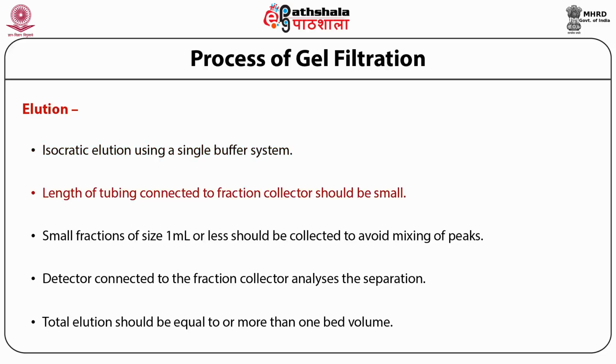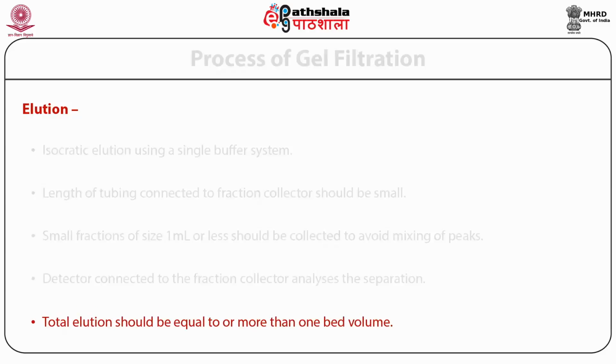The length of tubing connected to the fraction collector should be small, and a small fraction size should be collected, 1 ml or less than 1 ml, to avoid mixing of peaks. The detector connected to the fraction collector analyzes the separation, and the total elution volume should be equal to or more than 1 bed volume.